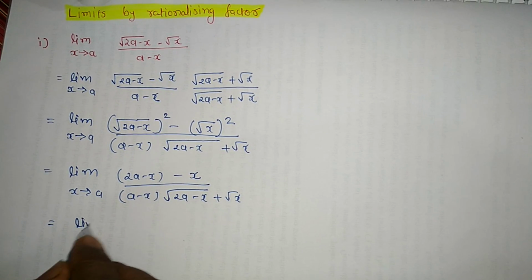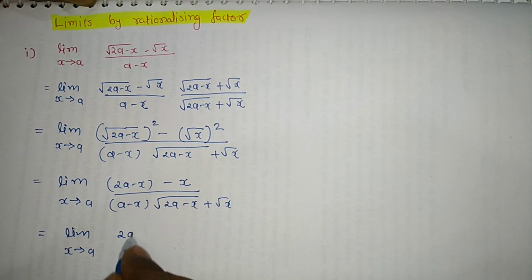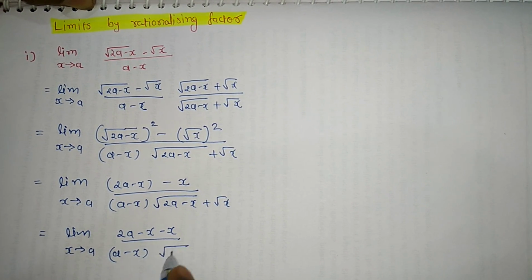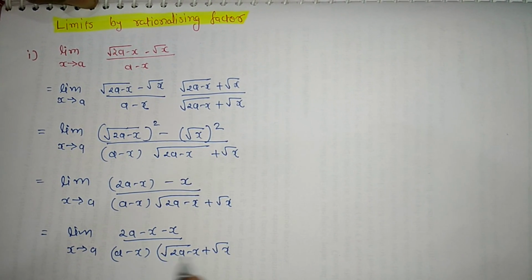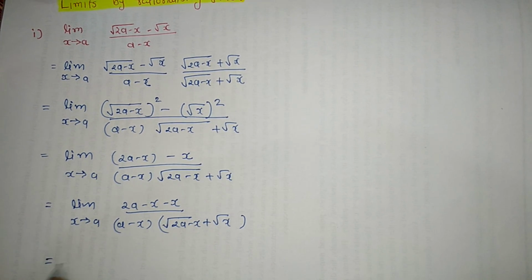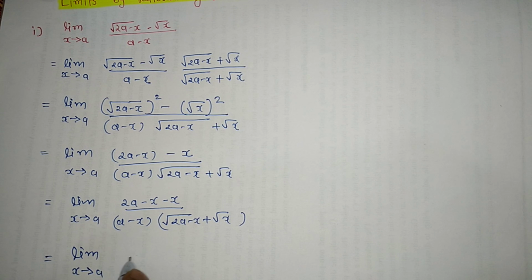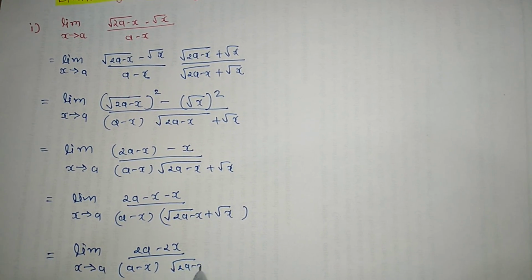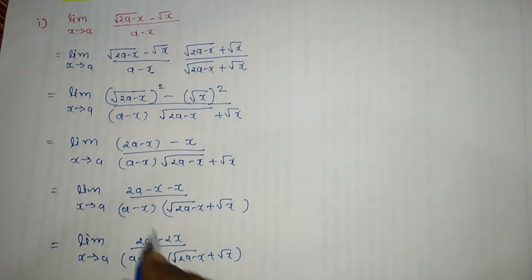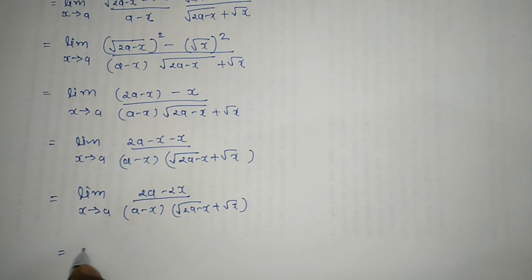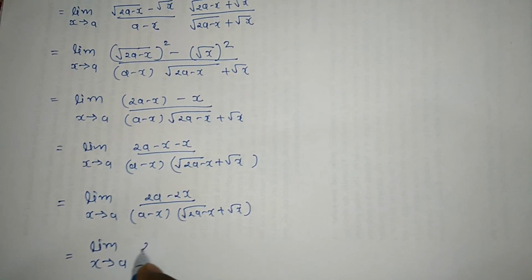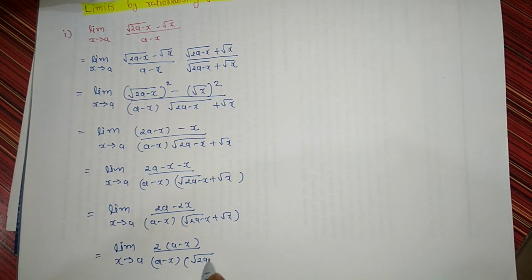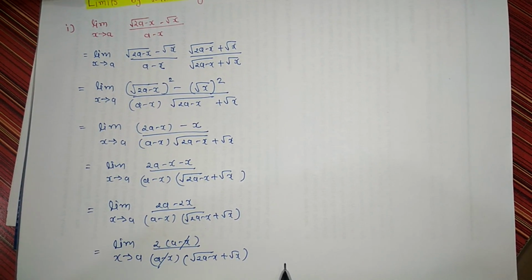So here it will be limit x tends to a, 2a minus 2x upon a minus x root 2a minus x plus root x. 2 will be common, a minus x will be one factor, that is limit x tends to a, 2 into a minus x upon a minus x root 2a minus x plus root x. So a minus x will get cancelled out.